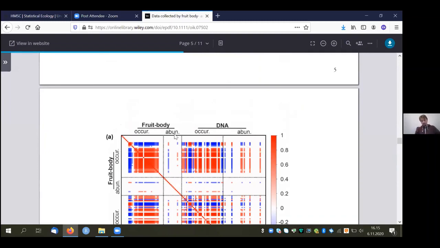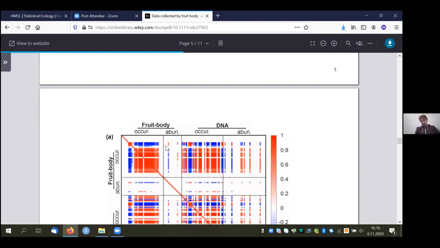You see that we have here, this is fungal data, we have fruit body data and DNA data. So in the same model, we included fruit body data and DNA data for the same species. And then we did the hurdle model for both of these. So we have the occurrence and abundance conditional on presence, again for these same species.